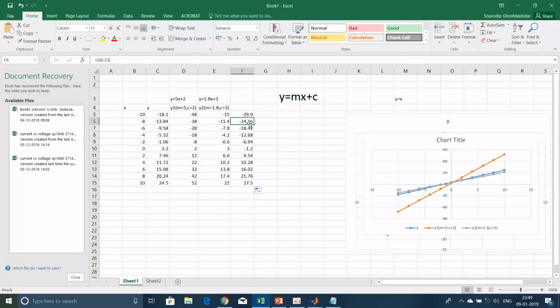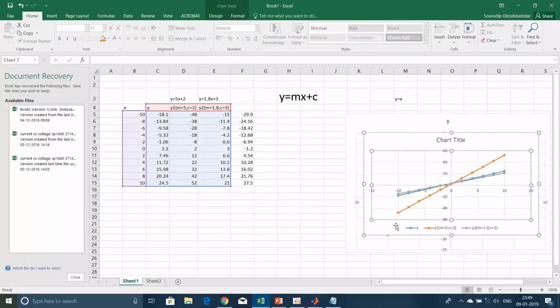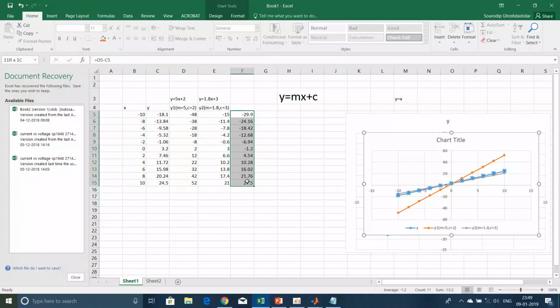Minus 24.16 is the difference between minus 38 and minus 13.84. So basically we are finding the differences between the model data and the experimental data, and we need to feed that into MATLAB.